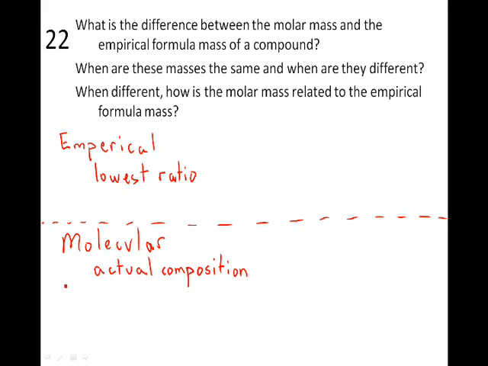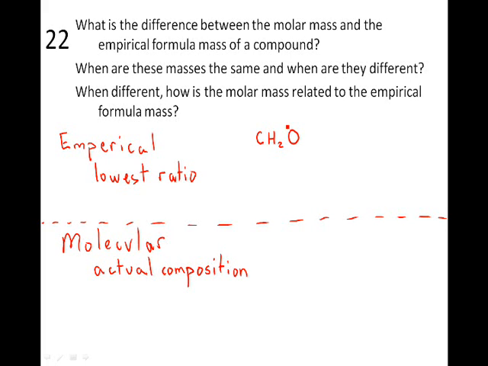So, for example, you might do some research on a chemical and find out that its percent composition information tells you that the ratio of carbon to hydrogen to oxygen in the compound is 1 carbon to 2 hydrogens to 1 oxygen.